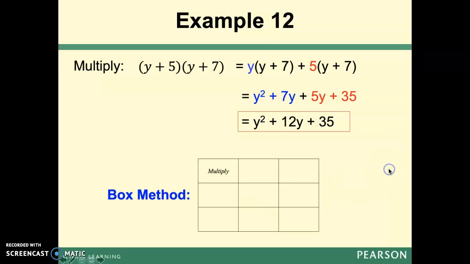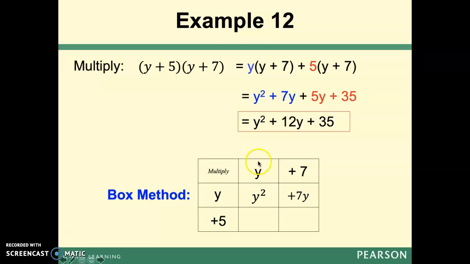Not overly complicated. Let me show you box method. Here I took the y plus 5 and put it here, a positive y, a positive 5. This positive y plus 7, positive y, positive 7. It's a multiplication table. In this box, you've got y times y, which is y squared. In this box, we've got positive 7 times y, which is a positive 7y.